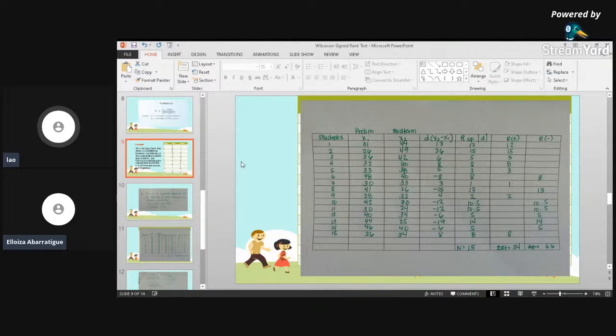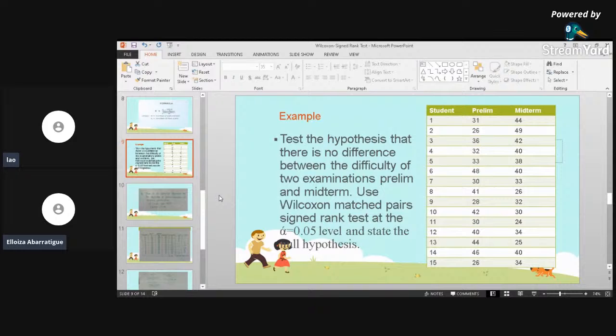Okay, now, so we do have here an example. So yung example na to is nag-conduct kami ng survey na kung saan our respondents is from Edocrity. So, kumuha kami ng sample, use statistics. So, only 15 sample students.